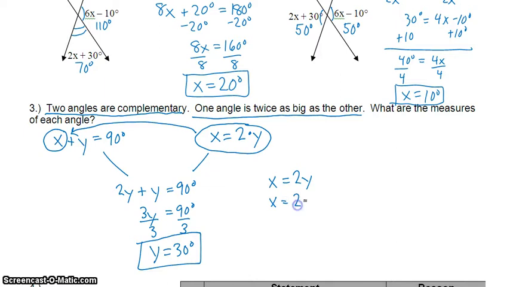X is 2 y's, and each y is 30 degrees, so x is 60 degrees. The measures of the two angles are 60 degrees and 30 degrees. Together they equal 90 degrees. They're complementary. And one angle, x, is twice as big as the other.